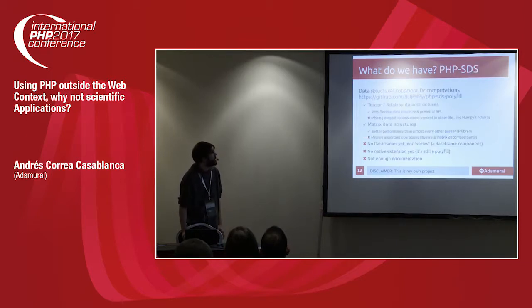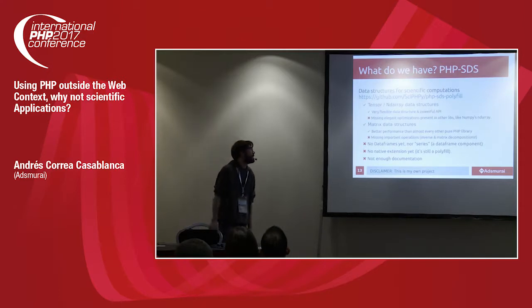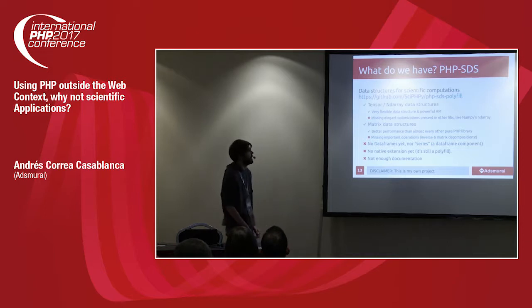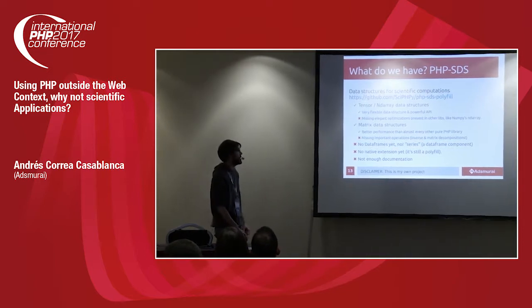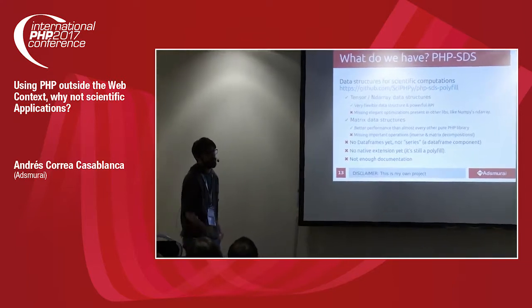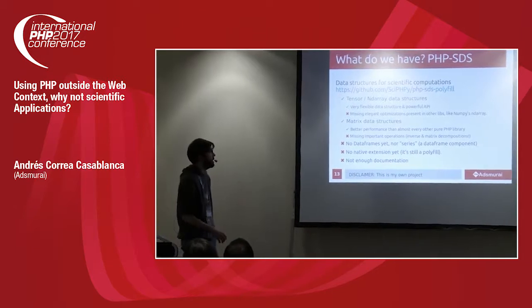So, more things. That's another project that I started. Later I will talk about why I started it. PHP SDS, whose name comes from scientific data structures, was started after I discovered another project called PHP DS, which is an extension with a polyfill that has the same features.